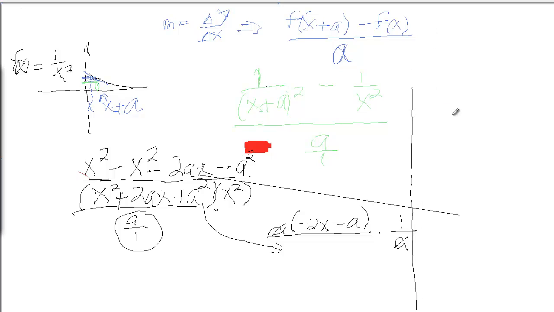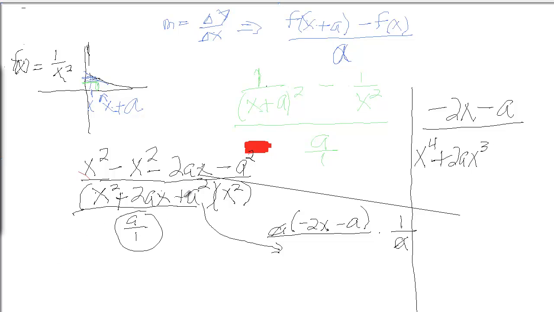My slope of this function is quite simply minus 2x minus a over, and this multiplied out, I'm going to go ahead and do it, x to the 4th plus 2ax cubed, and we'll see what's going to happen to that pretty soon.